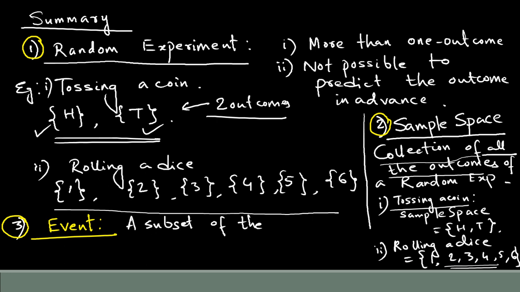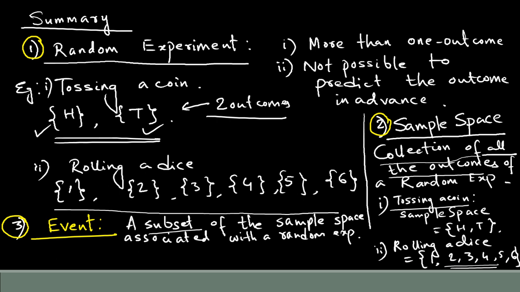The entire set is the sample space. So an event is a subset of the sample space associated with a random experiment. This is a formal definition, but you need to know that this is a subset of the sample space.